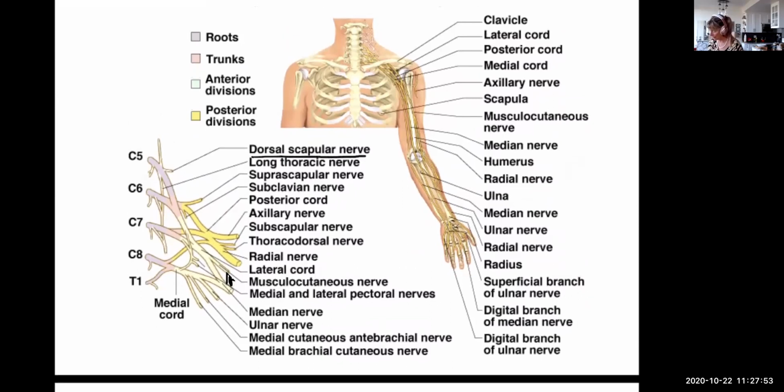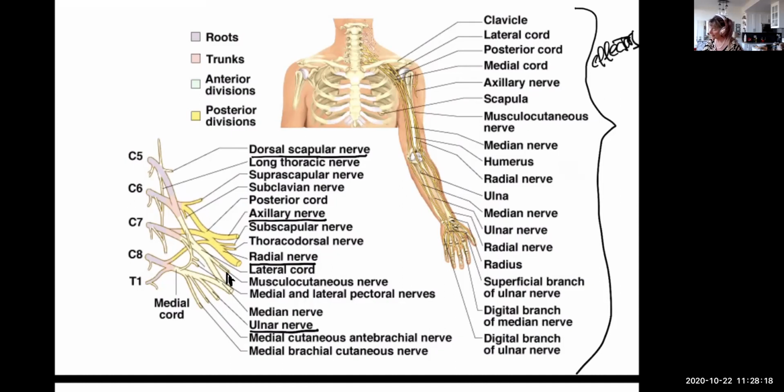The dorsal scapular nerve may have something to do with the scapula. Axillary nerve, something to do with the armpit, for example. So some of them are obviously named. The radial nerve innervating the radius, the ulnar nerve innervating the ulna. So these are all the effectors that are innervated by the brachial plexus.